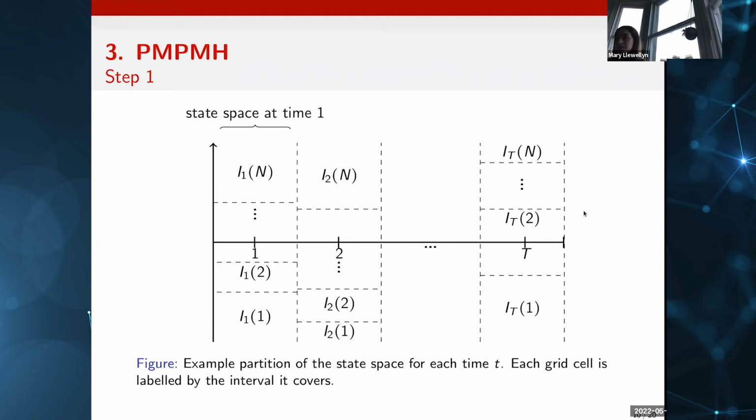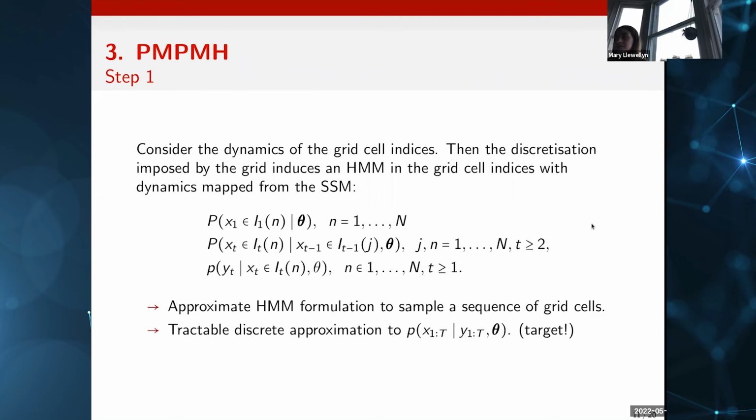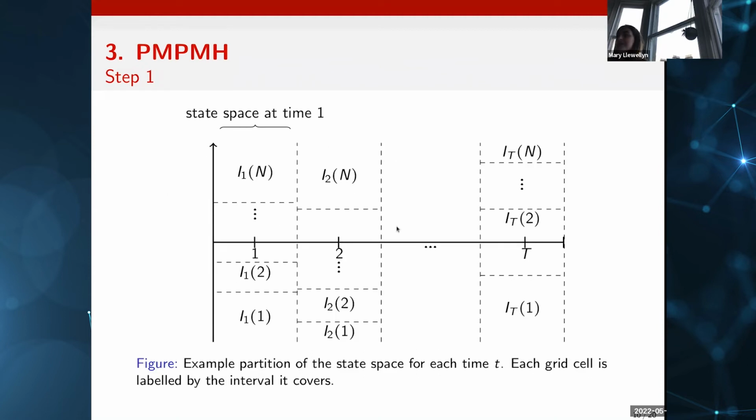So the state space of the HMM is the indices of each of those grid cells, 1 to capital N. If we think about the dynamics of the transitions between the grid cell indices dictated by the state-space models, then what drops out is the dynamics of an HMM.